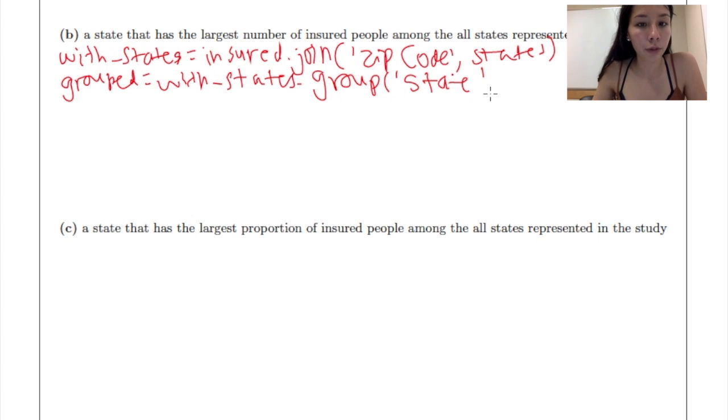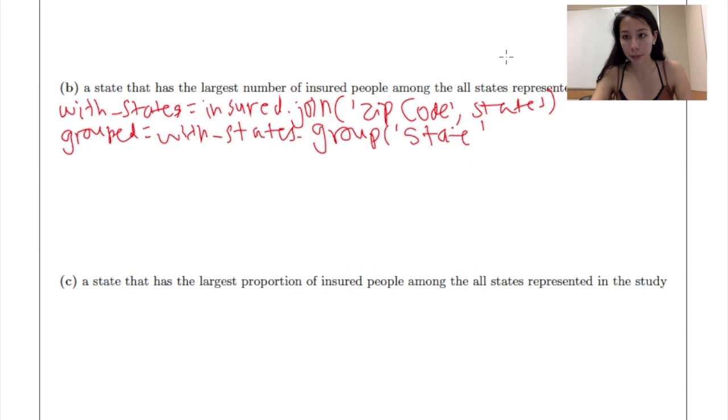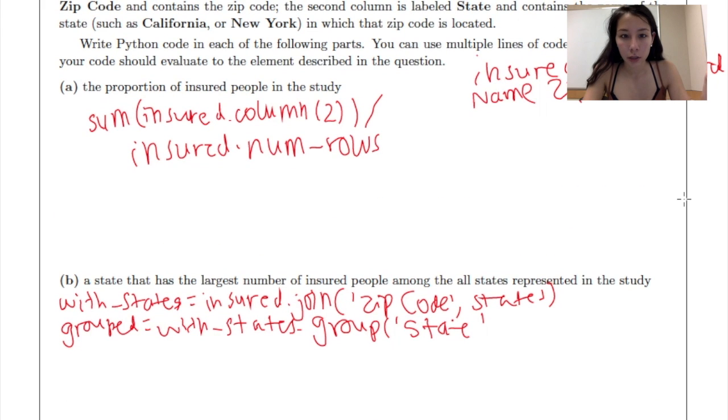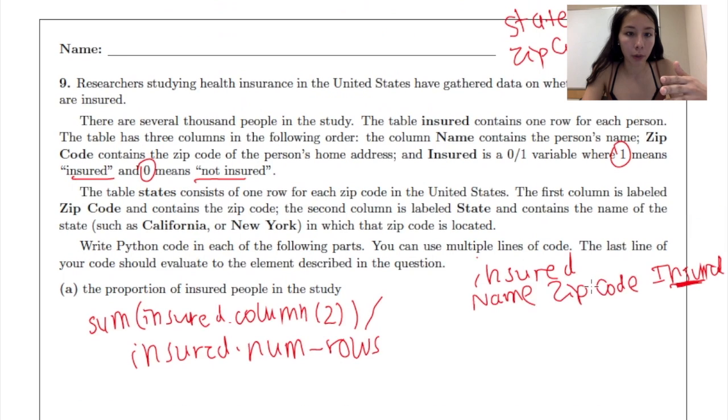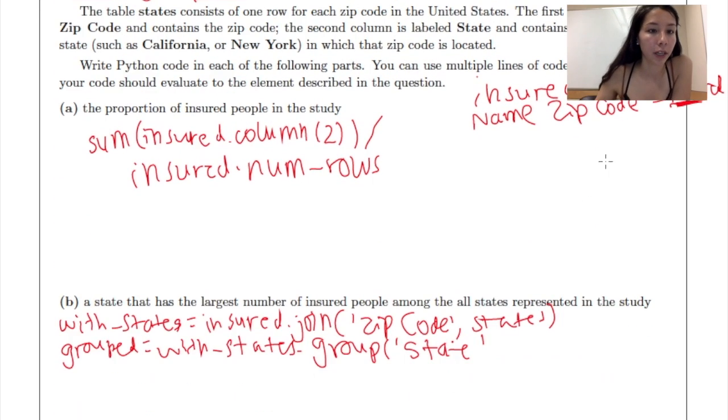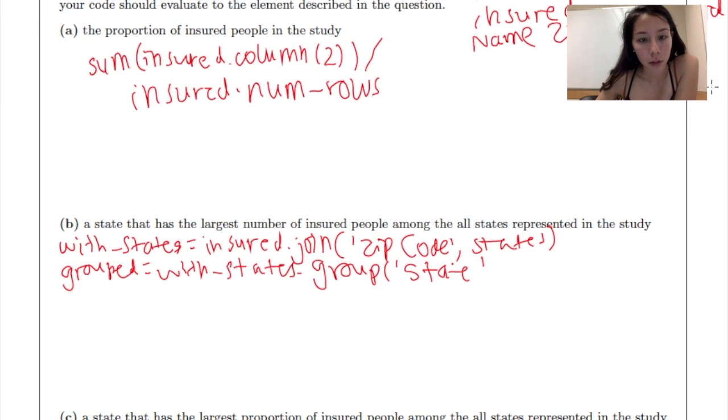Also, when we use group, there's an optional second argument, which is how you want the data to basically be aggregated. So in this case, when we are grouping this table, we want to be finding the total number of people insured, so we're also going to want to do sum like we did in part A.